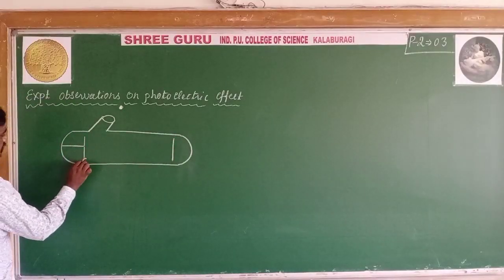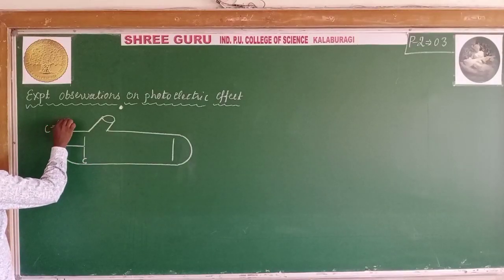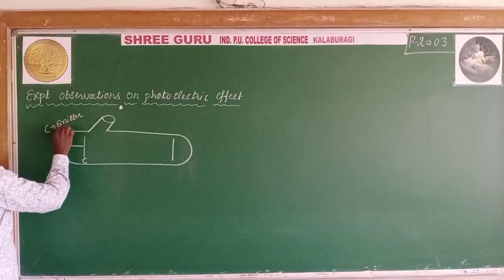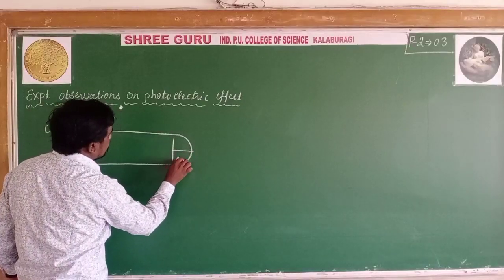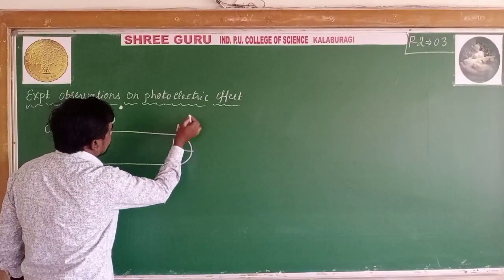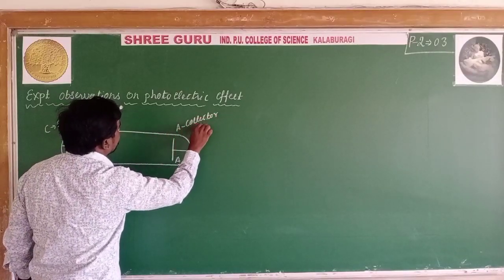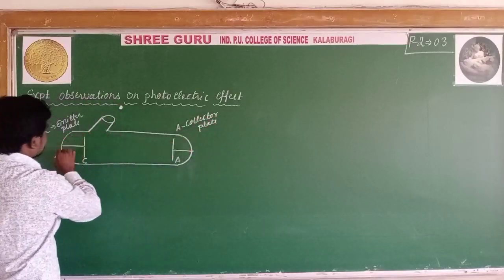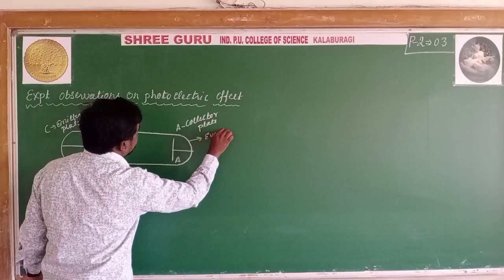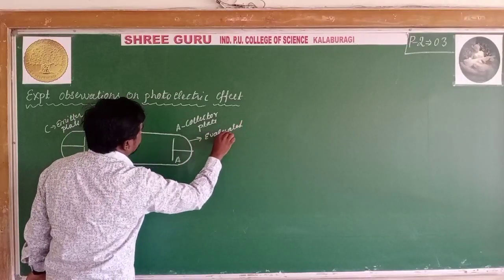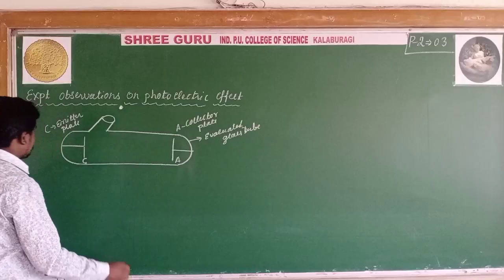This electrode we call the cathode, or emitter plate, and this one we call the anode, the collector plate, and this is the evacuated glass tube.